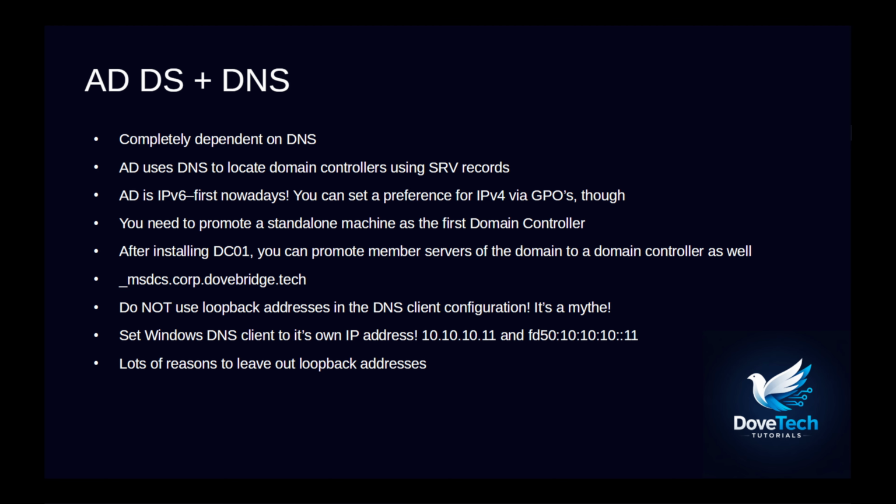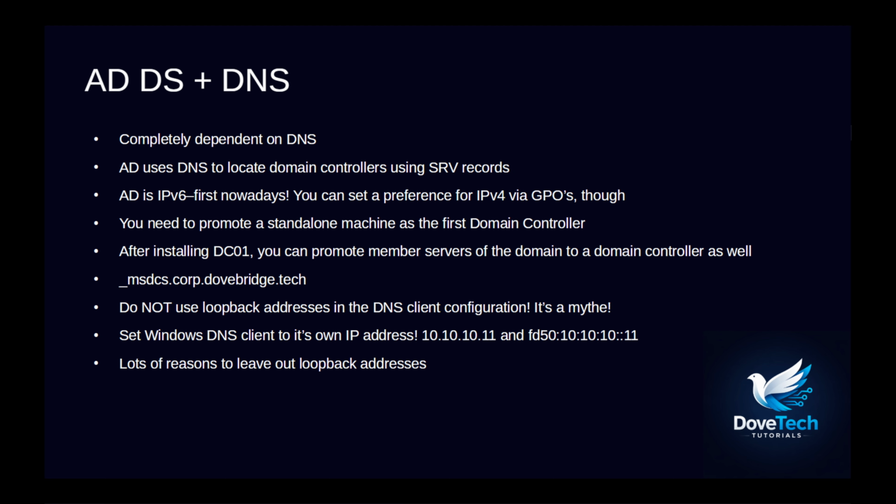There are other problems too. When a domain controller starts up, the netlogon service registers its SRV records in DNS against the server's real IP addresses. With loopback in the picture, that registration process can behave inconsistently. Records may not register correctly or may register against the wrong interface.